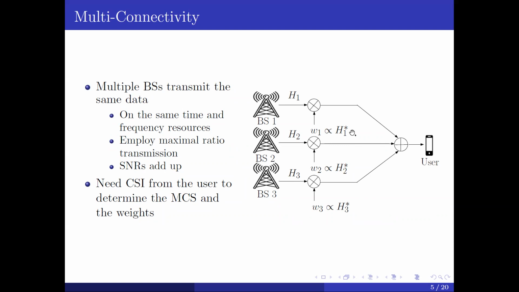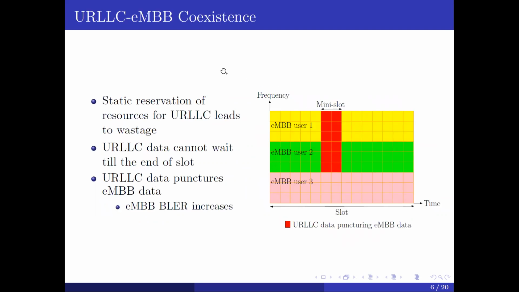Now we'll see the URLLC-eMBB coexistence scenario. So first thing, static reservation of resources for URLLC leads to wastage. Because the URLLC data is sporadic, we don't know when it arrives, so we cannot reserve the resources for URLLC statically. And also, whenever the URLLC data arrives, it cannot wait till the end of the slot. So what happens is, when the URLLC data arrives, it punctures the eMBB data which is ongoing.